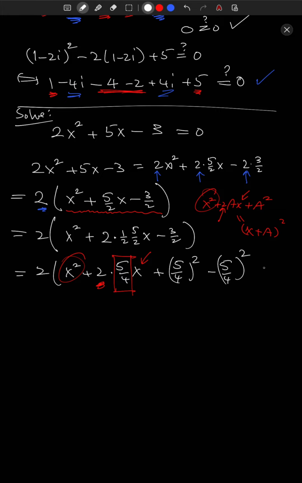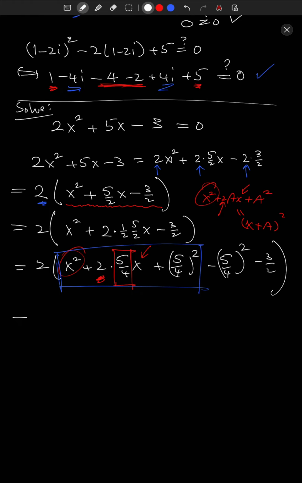And then we still have the minus 3 halves coming along for the ride, close parentheses. As usual, these three terms go together as something really simple, x plus 5/4, the whole thing squared. And then we still have this tail term here, 5/4 squared. Let me write that out. That's 25 over 16 minus 3 over 2.